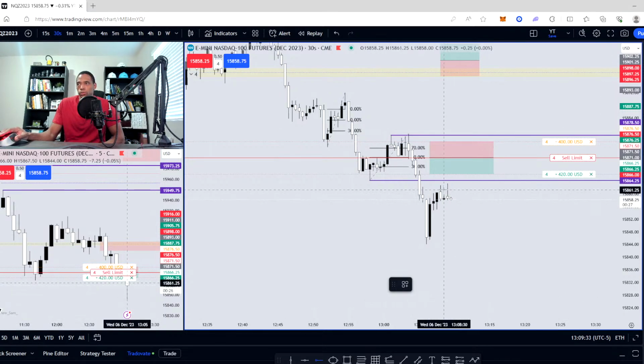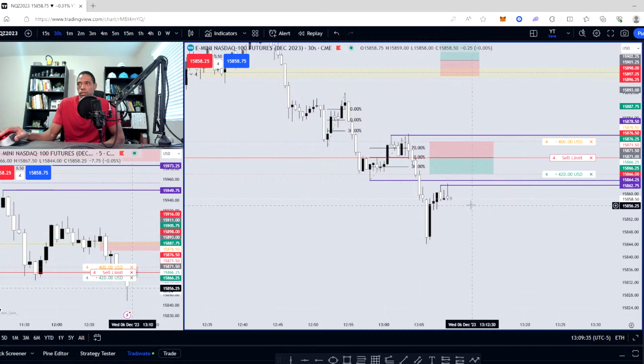Let's just be aware that we just now had another trip of a high. So now if price seeks lower, price takes out this low, then we'll be looking for a setup in this range.